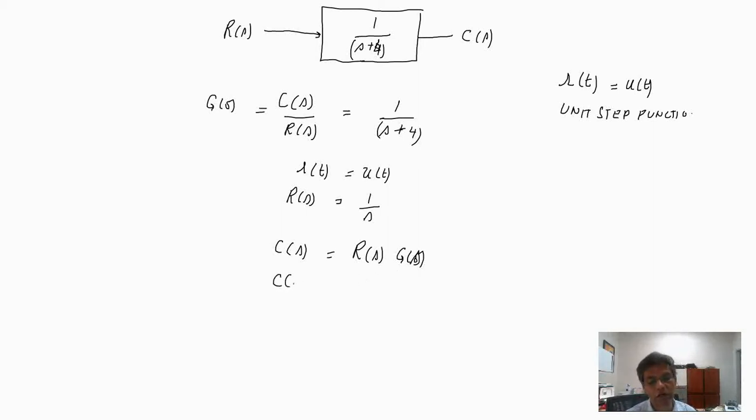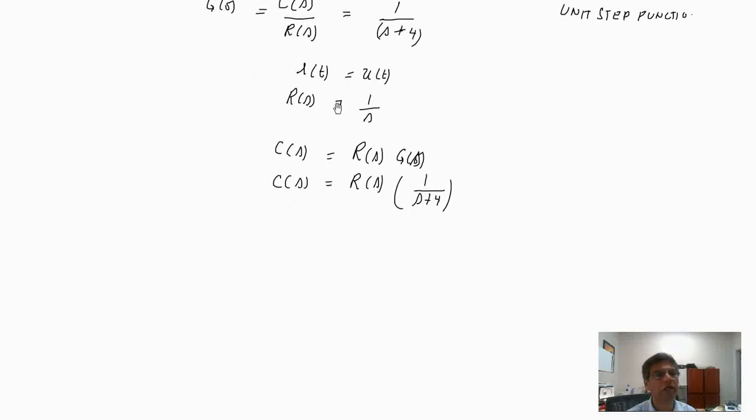So c of s is equal to R of s times 1 over s plus 4. But we know this is a unit step function, and the Laplace transformation of the unit step is just 1 over s. So R of s becomes 1 over s, and let's just plug that in. That'll be 1 over s times s plus 4.